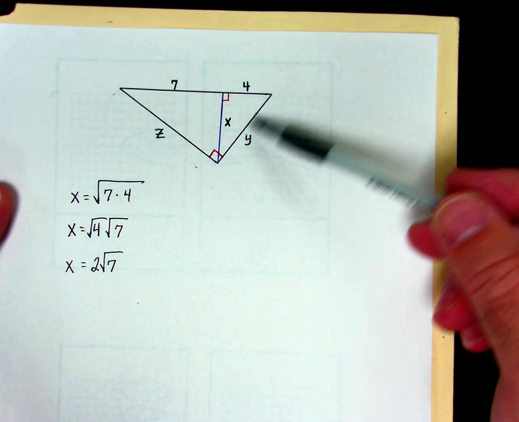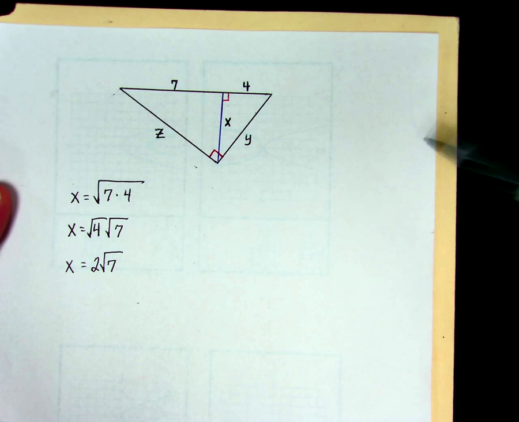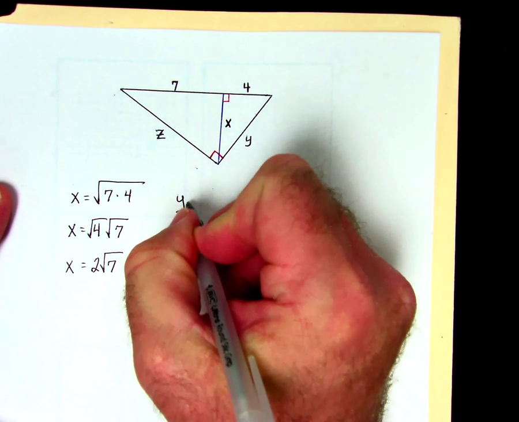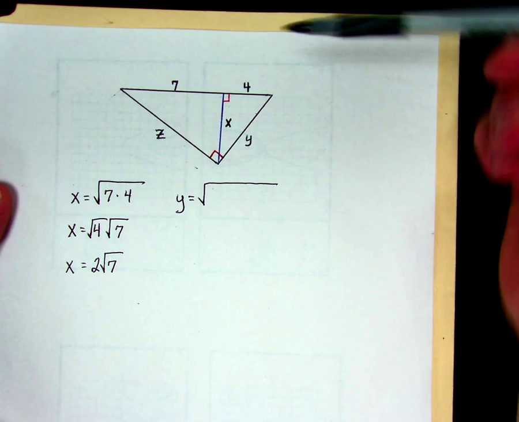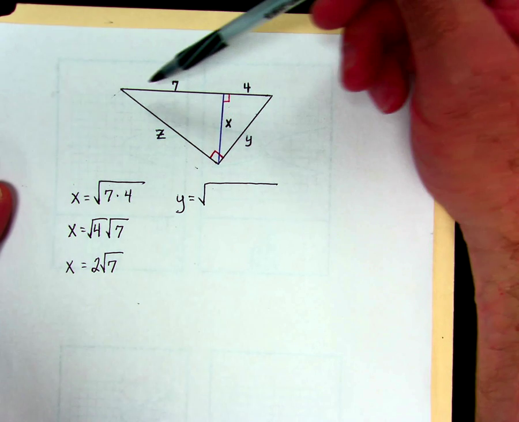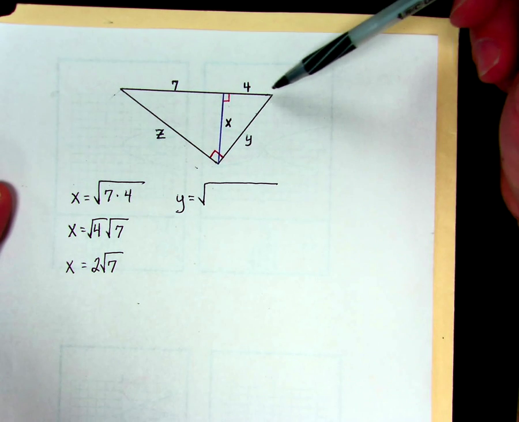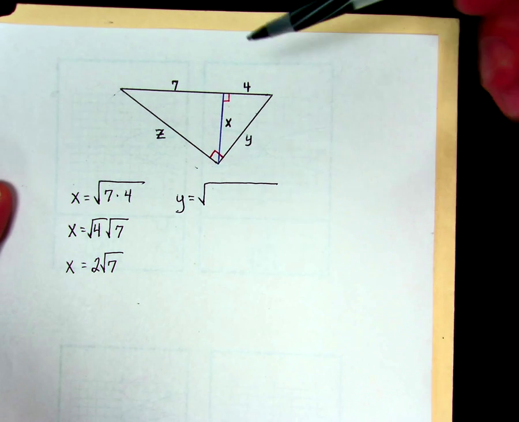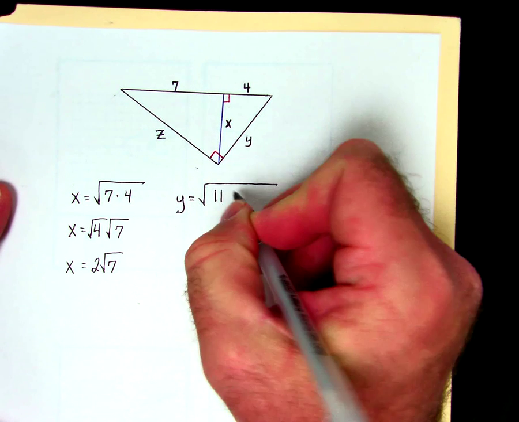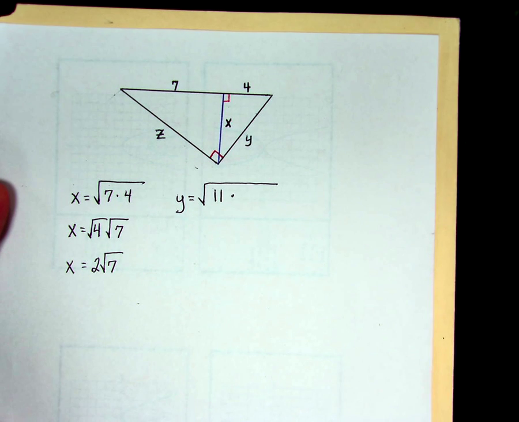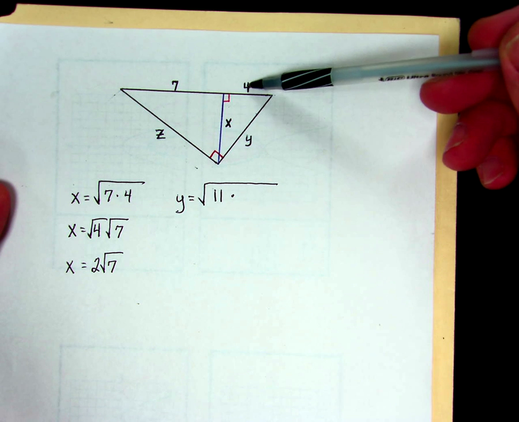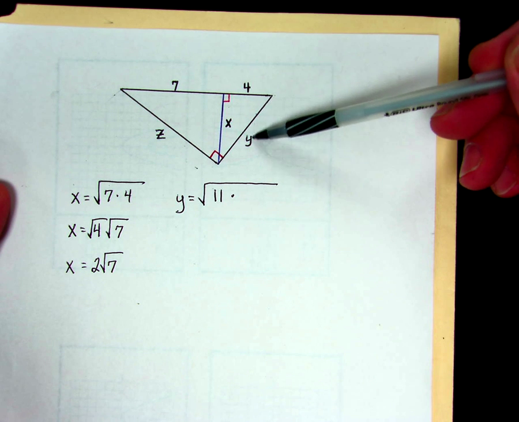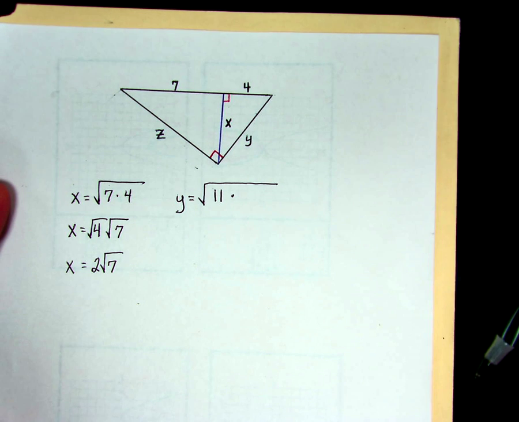Now, y is a leg of this right triangle, and we know that it's the geometric mean between the length of the hypotenuse, and here's where we have to be careful. The length of the hypotenuse here would be 11. And the segment of the hypotenuse that's adjacent to that leg, 4, is adjacent to this length of y.